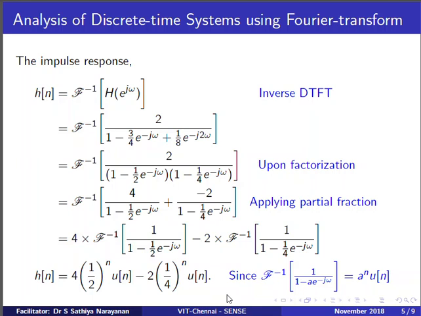First, we applied the DTFT on both sides of the equation. Using the time differencing property, we obtained the expression for H of e power j omega, which is the frequency response. Then the inverse DTFT of the frequency response is obtained, which is the impulse response of the system.